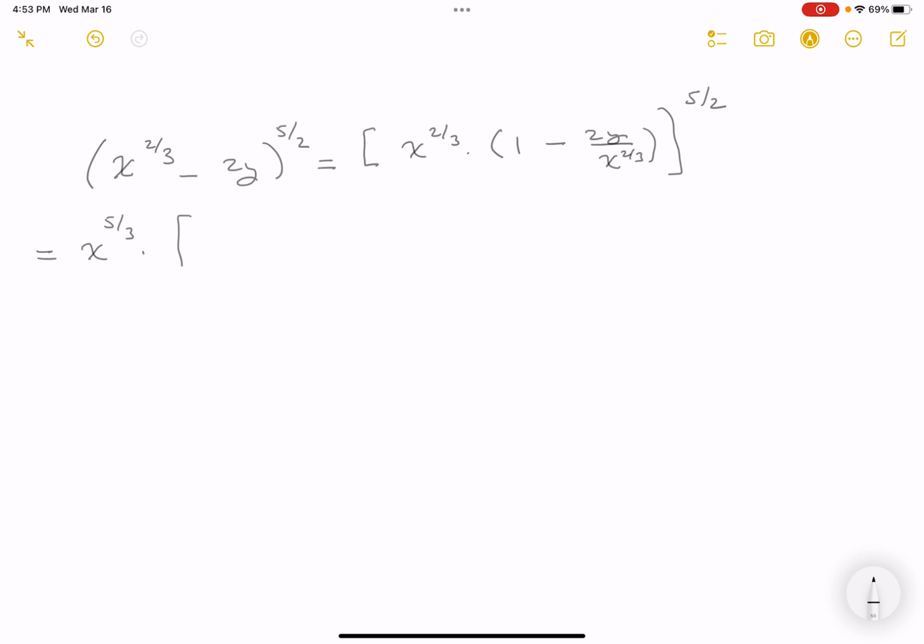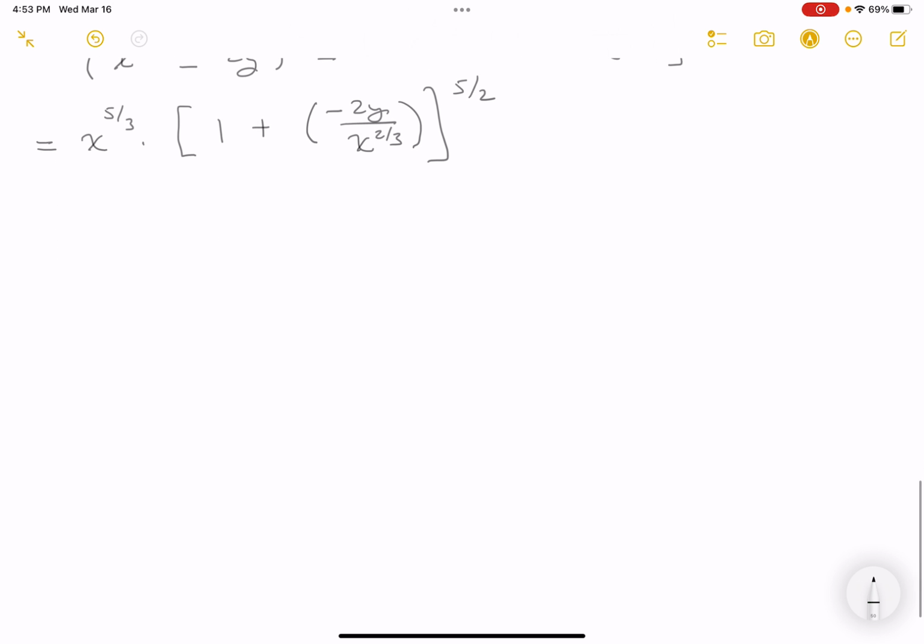And let me write this expansion down now. It's going to be 1 plus minus 2y over x to the 2/3, and this is being raised to the 5/2 power. All right, let's write it down. I'll try to do the best I possibly can.